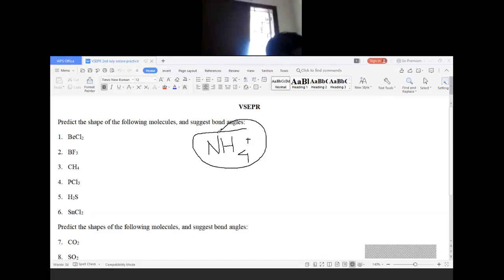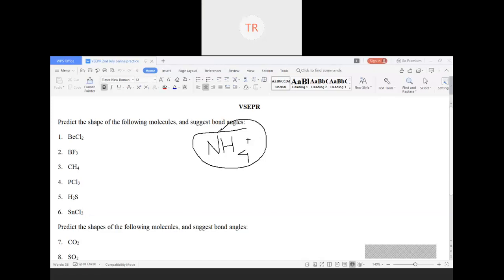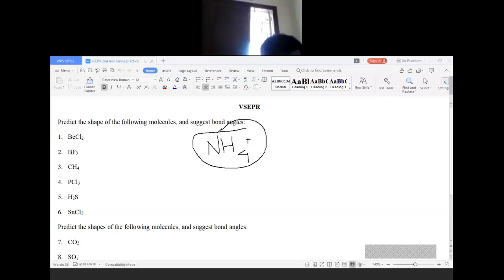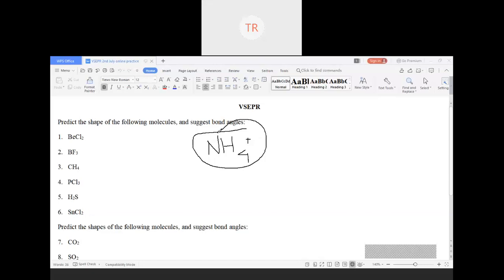How many lone pairs? 1. Eh, are you sure? Wait. 0. Have you drawn the dot and cross diagram? Wait. There's 1 missing, teacher.